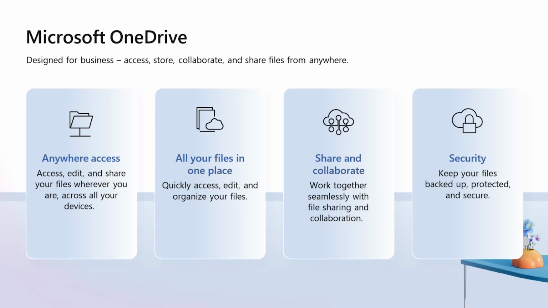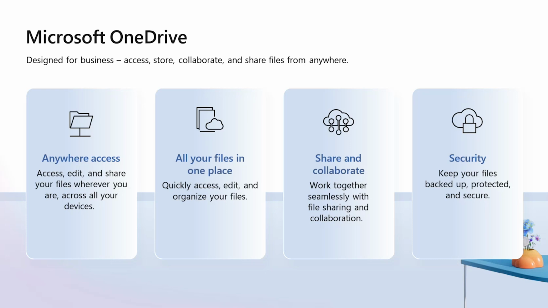All right, let's look at OneDrive. OneDrive is our storage platform where you can access your files from just about anywhere. All of your files are stored in one place, whether you're accessing them from your mobile device, your laptop computer, or from Teams. They're all stored in the same place, so it's easy to access, edit, and organize those files.